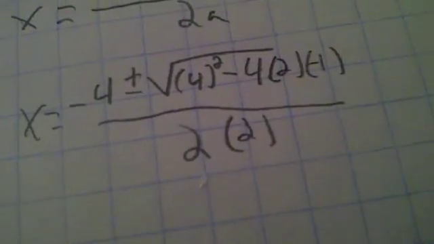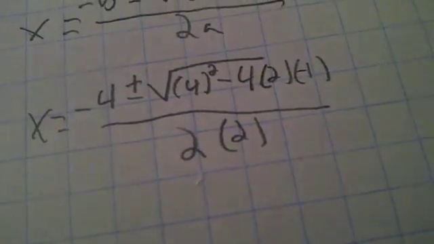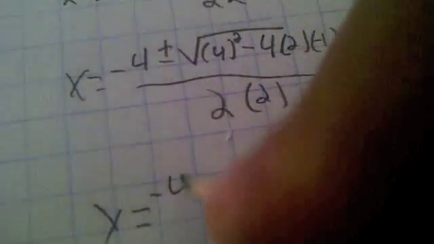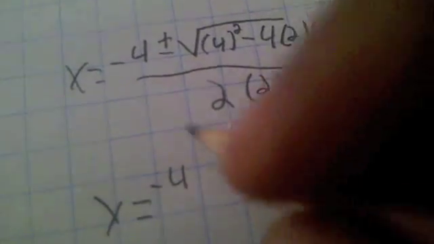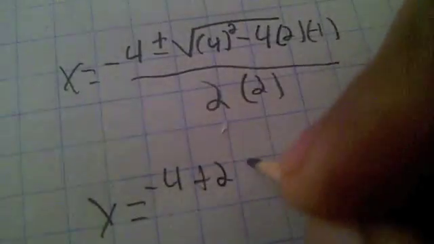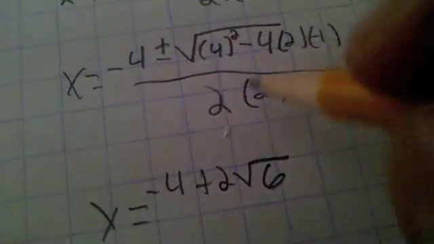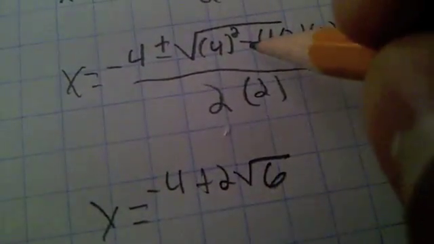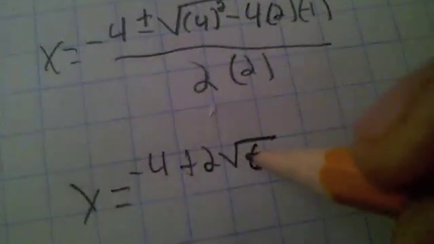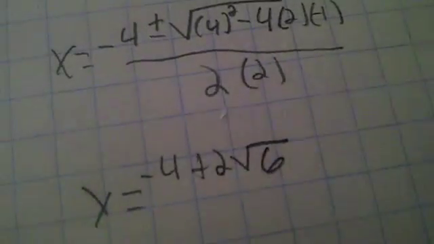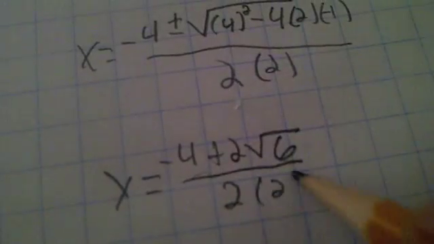Alright. Now, simplify the section inside the radical, which is going to turn out like this. x equals minus 4 plus or minus the square root of 24, over 2 times 2.